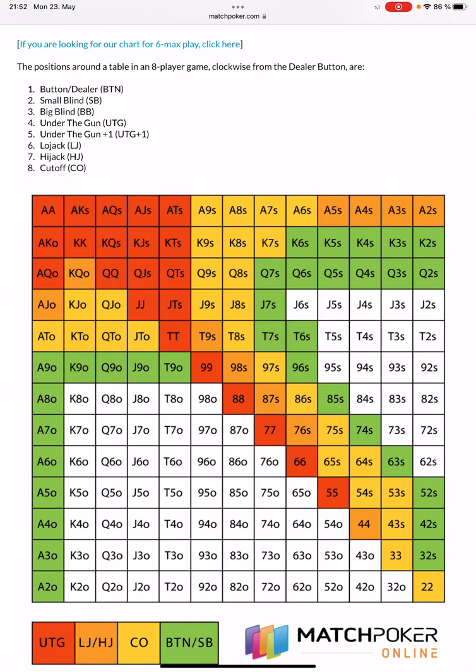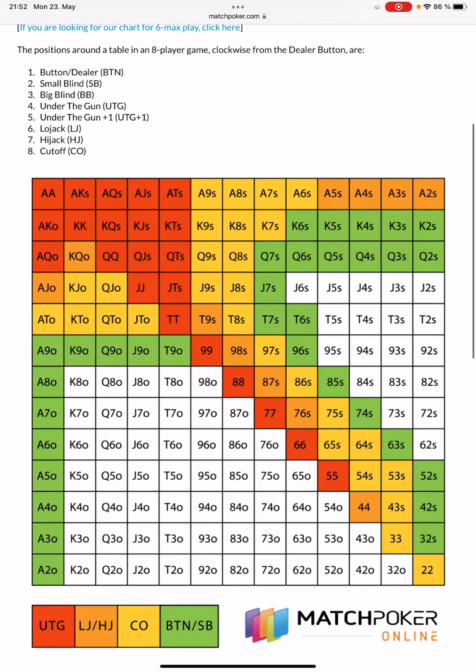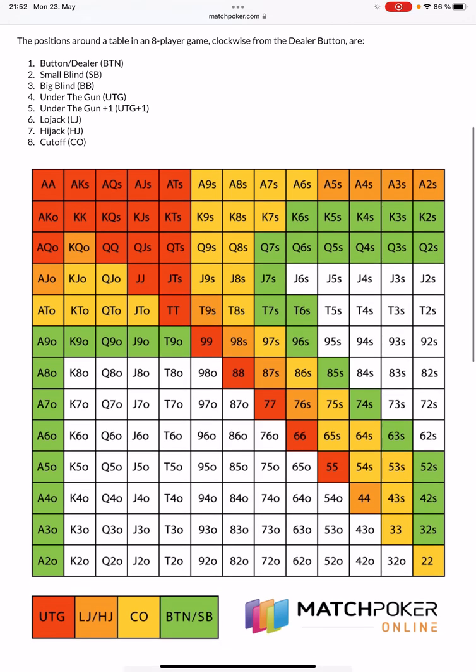In this table we have ace deuce suited in light orange, ace 3 suited, but in the offsuit region we have only king queen offsuit and ace jack offsuit, or 10-9 suited, or 9-8 suited.